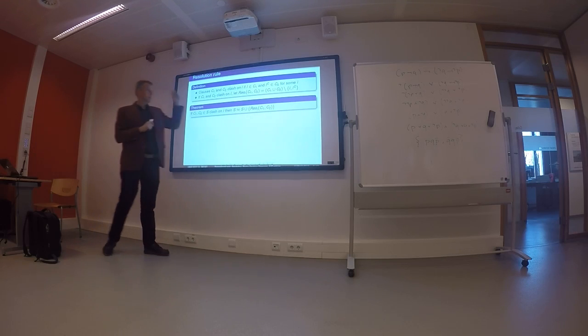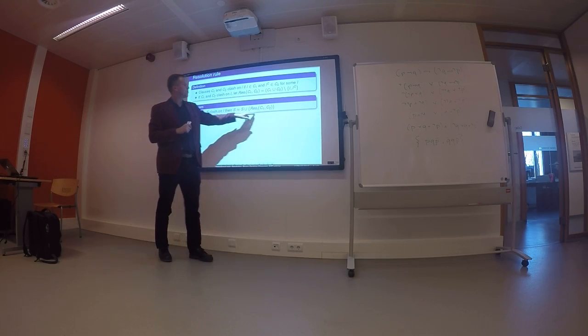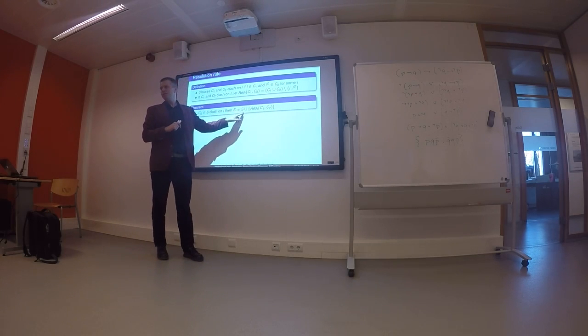I hope that you agree with me that the set of models of this union can never be larger, can only be smaller or equal to the set of models of this thing over here. But my claim is that it doesn't grow smaller, that it's really the same set.